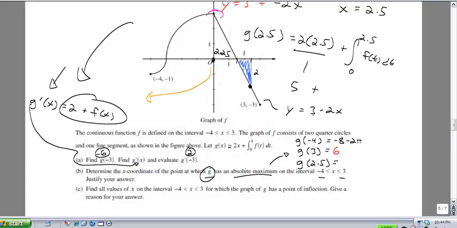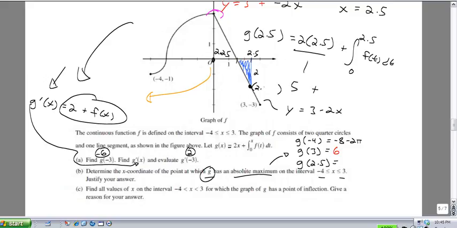When x is 2.5, we're trying to find the y value of that coordinate right there, because I need to know the height of that triangle.